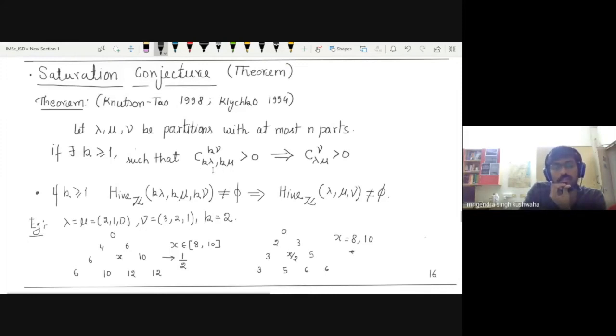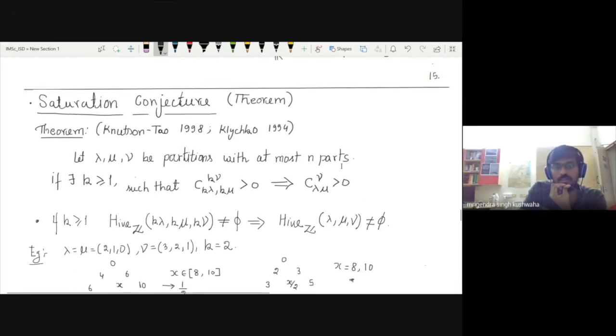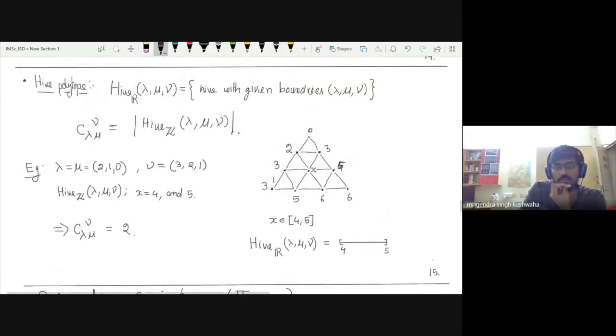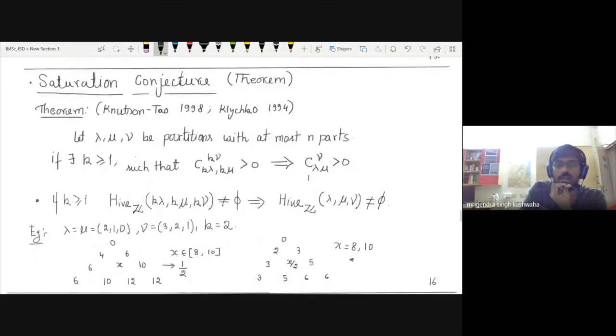K lambda means you multiply each entry by k, that is k lambda 1, k lambda 2, and so on. If this is positive, this implies that without k, the Littlewood-Richardson coefficient is also positive. So if you scale the labels up and have an integer solution, then dividing back also gives an integer solution.